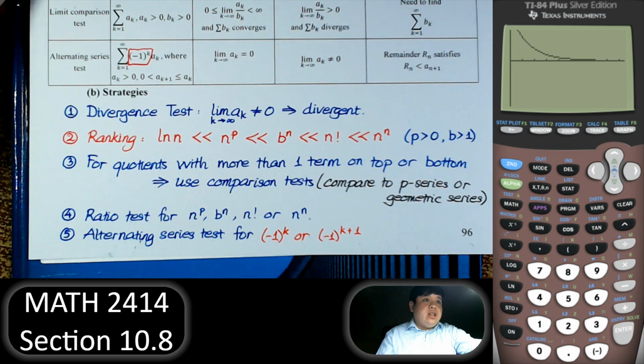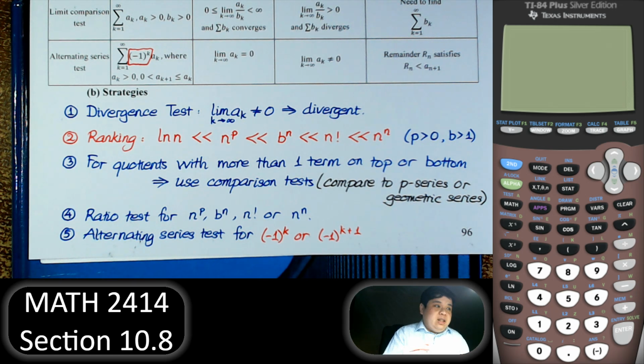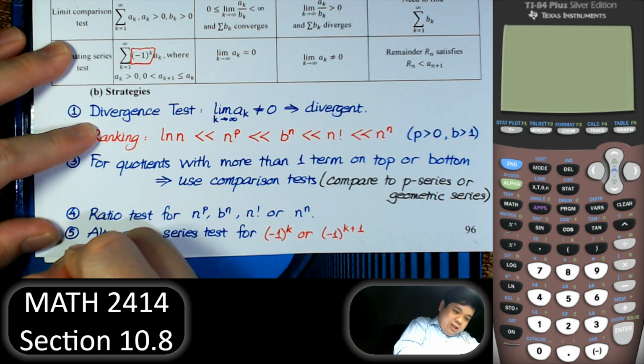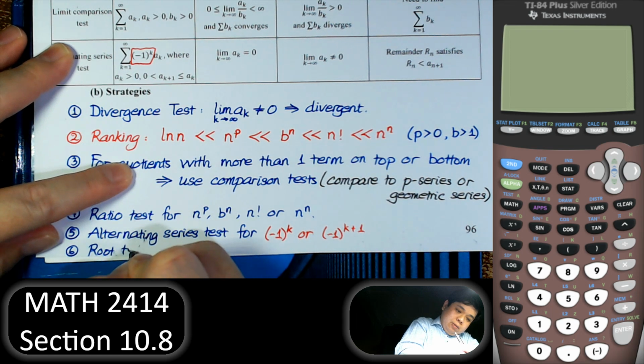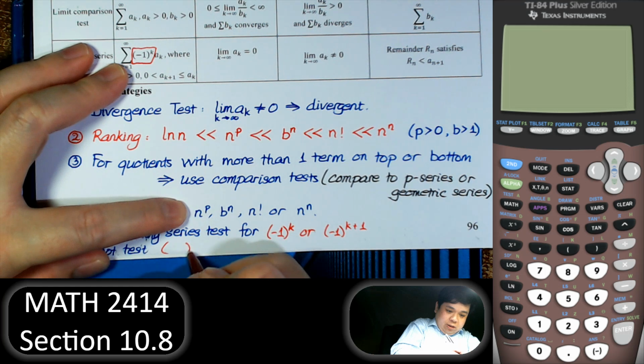And then the root test is, of course, where we have the whole thing raised to some power. We use the root test when we see something raised to the k power. And the integral test usually is the last option, because when we do the integral test, we actually have to integrate, and that's my least favorite one.